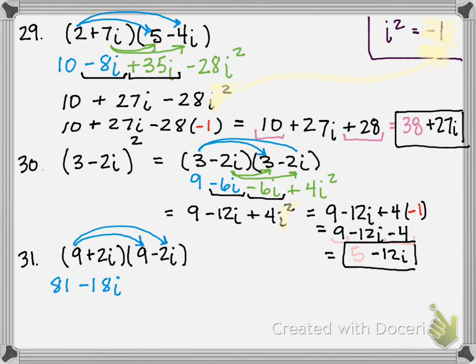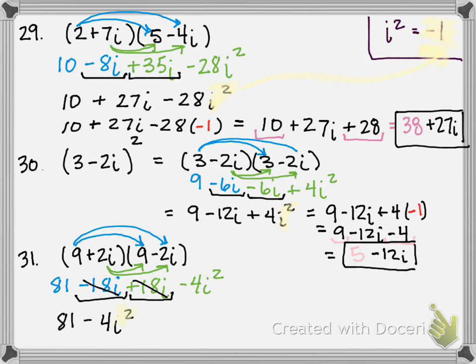Pick up the 2i, multiply it to the 9, get 18i plus this time, and 2i times negative 2i would be a negative 4i squared. So work towards collecting those like terms. So negative 18i plus 18i, those are completely gone, they cancel. And I'm left with 81 minus 4i squared.